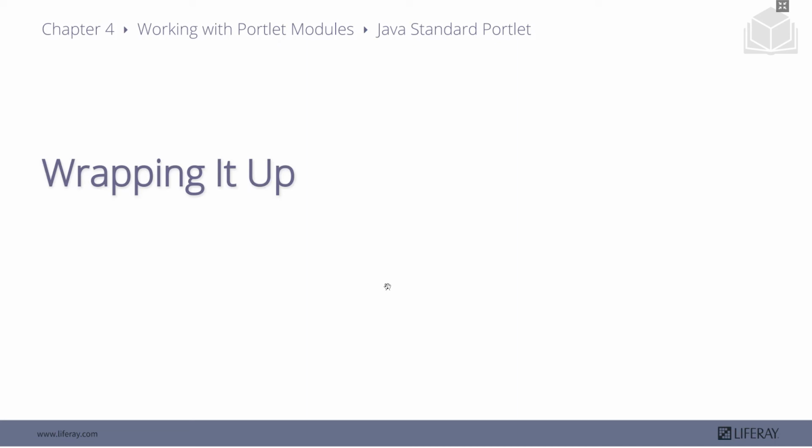Now, this has been pretty long, so let's go ahead and wrap this up a little bit. A couple of things that we need to keep in mind. We have the action phase and the render phase as the two big phases we're really going to hone in on. The action phase is always going to call the render phase afterwards, so keep that in mind.